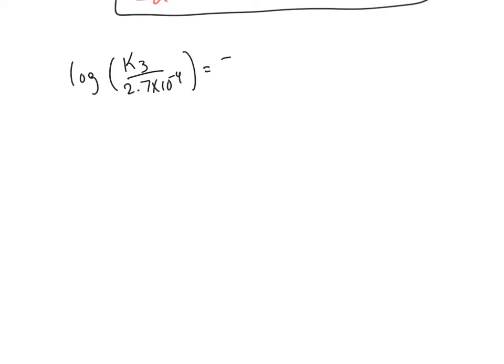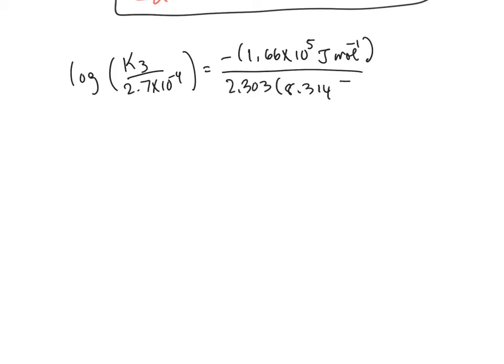And then that'll be equal to negative EA, which we just figured out, 1.66 times 10 to the 5th joules per mole. That's the energy unit. And then we're dividing by 2.303 and 8.314 joules per mole per Kelvin, that's a negative 1.